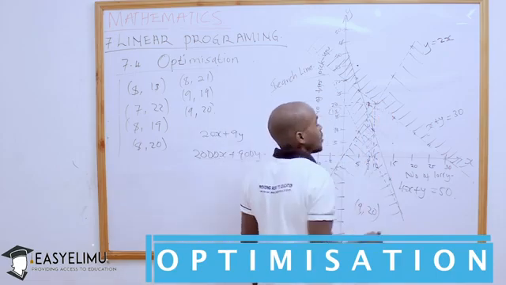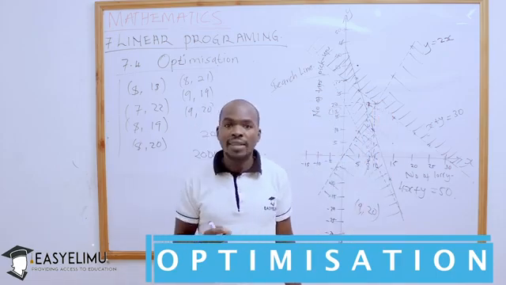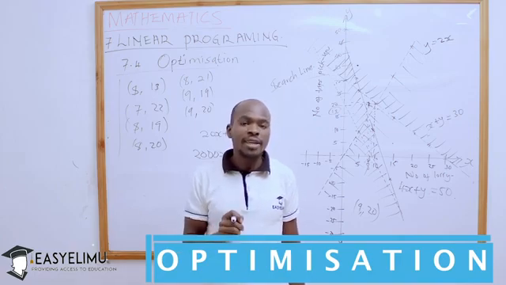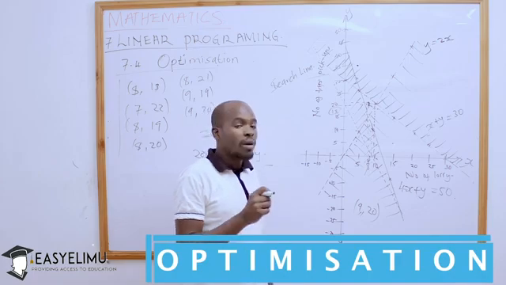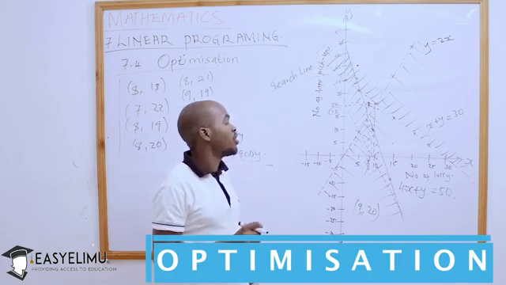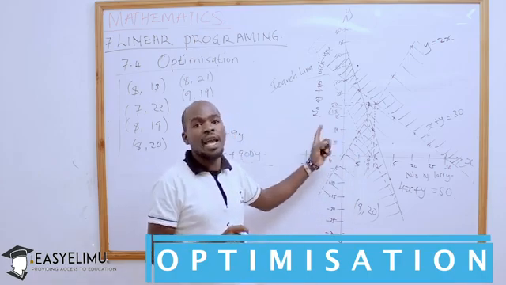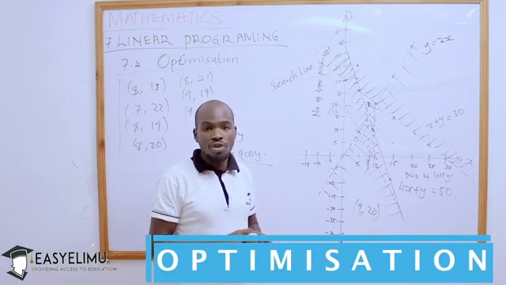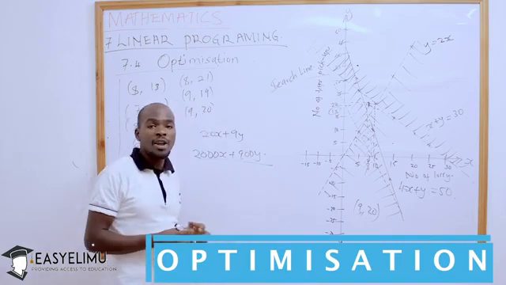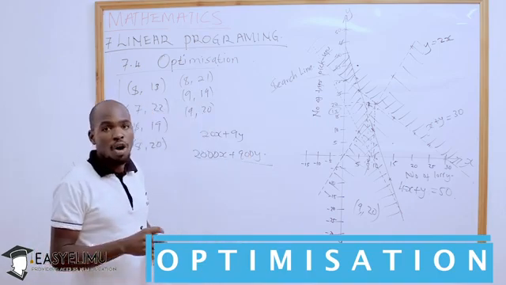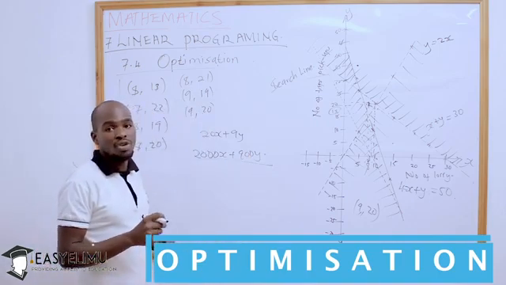So if you use a set square, I think you now understand how you can use a set square and a ruler to find the closest feasible point to your search line after selecting a point anywhere on your Cartesian plane. Then you use that to find the maximum and minimum amount that the contractor can use.